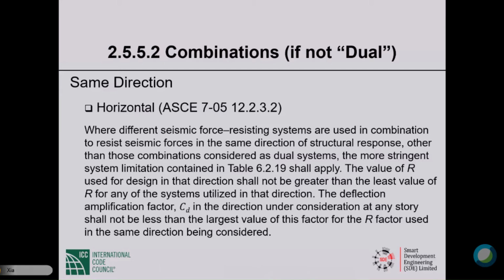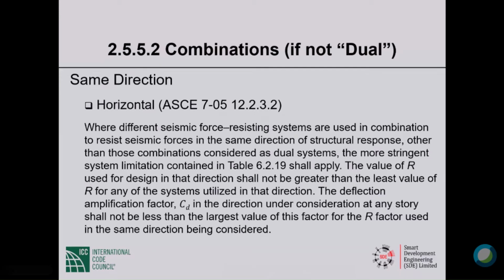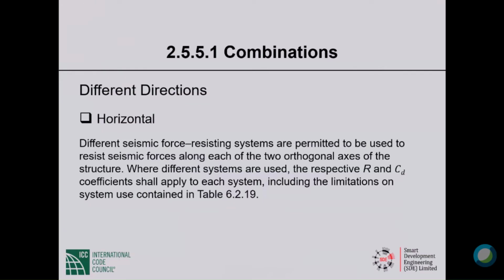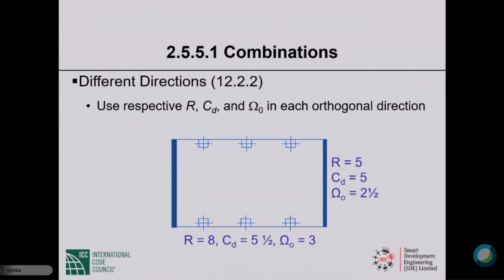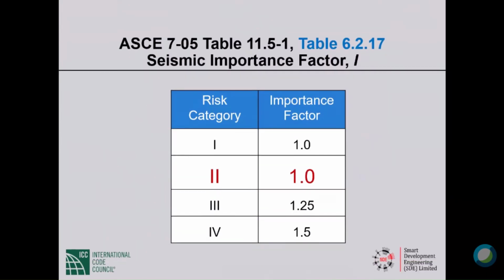If you have different combinations in different horizontal directions, you have special moment frame here, special shear walls there, you design for the respective R, omega sub 0 and C sub D values. Okay, pretty simple. Vertical combinations of structural systems. ASCE 7 deals with it. BNBC, I did not see it mentioned, so I did not go there.